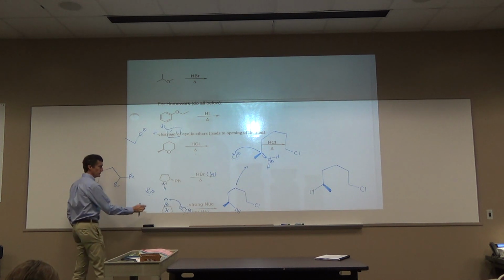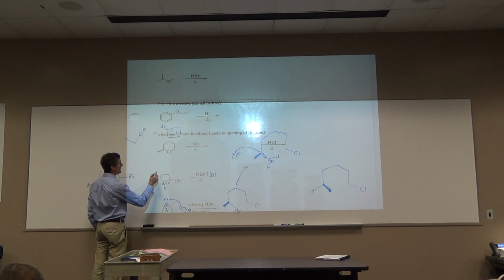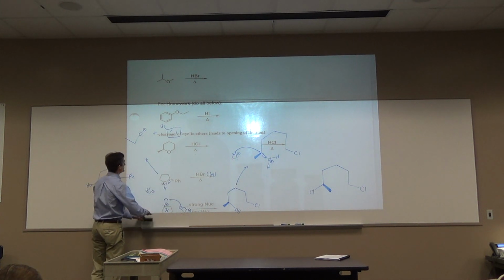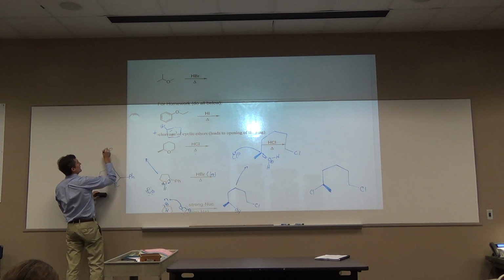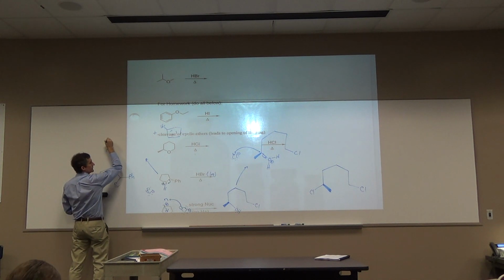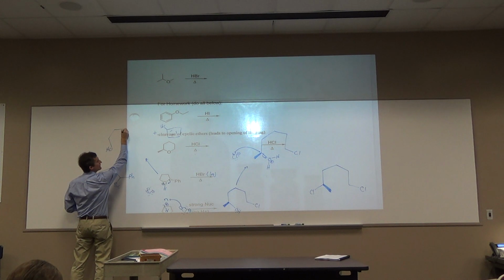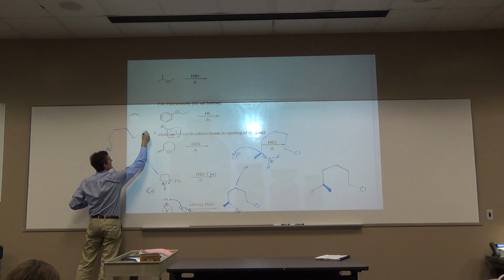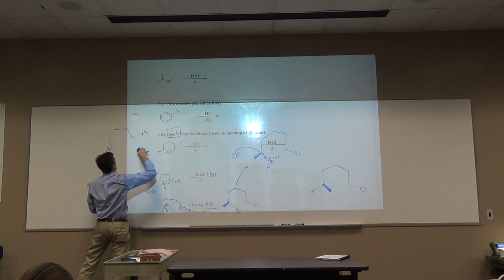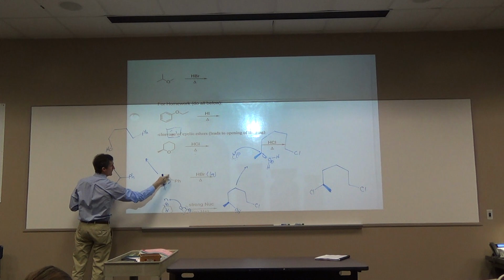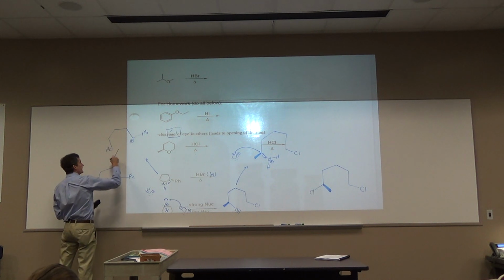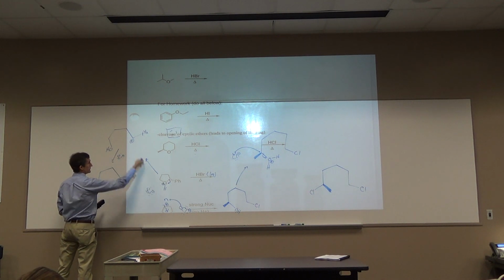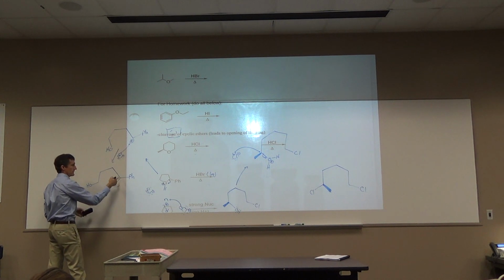I'm suggesting that this is going to ionize this way and give, hopefully you got some room over there, this carbocation, then the Br minus, I should have just drawn it from there, attacks carbon here.